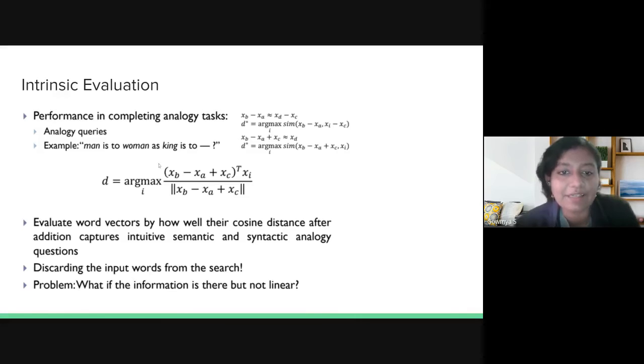This has been designed as a linear model where you say that, okay, if I subtract this and add this, what is the value? But it might not be subtraction. It might be something like subtraction between the squares or the cube or something like that. So there is a relation, but it is not a linear relation. So there is a problem in this intrinsic evaluation, but we see that approximately it is linear in the word2vec case.